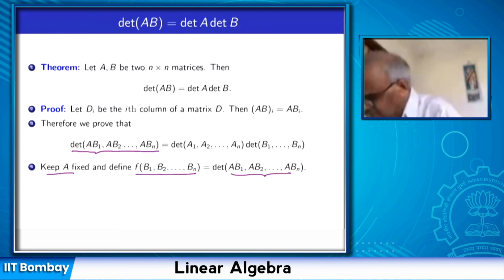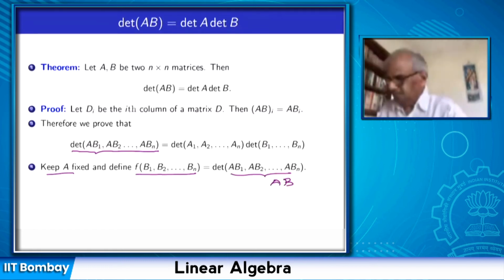What is this? This is just AB. So F of B is equal to the determinant of A times B. I will show that F is multilinear and alternating.